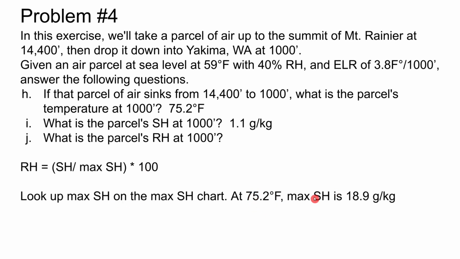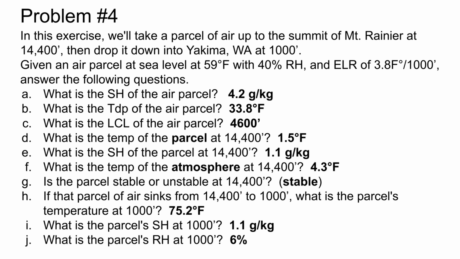From the chart at 75.2 degrees, the max is 18.9. We have 1.1, divide that by 18.9, that gets us to 0.058 times 100. That's going to round to 6%. So the parcel's relative humidity after it sinks to 1,000 feet is going to be 6%.